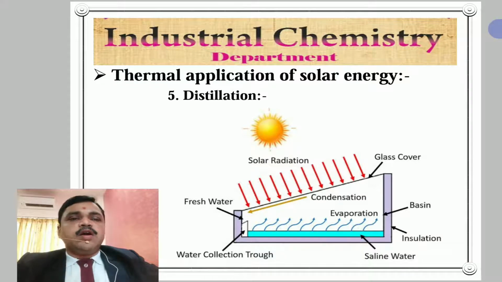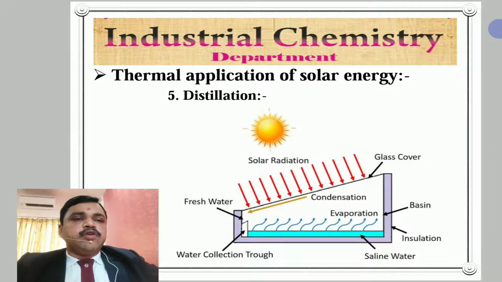The principle of solar distillation is simple and can be explained with reference to the figure, in which a conventional basin type solar still is shown. The still consists of a shallow airtight basin lined with a black impure material, which contains the saline water.